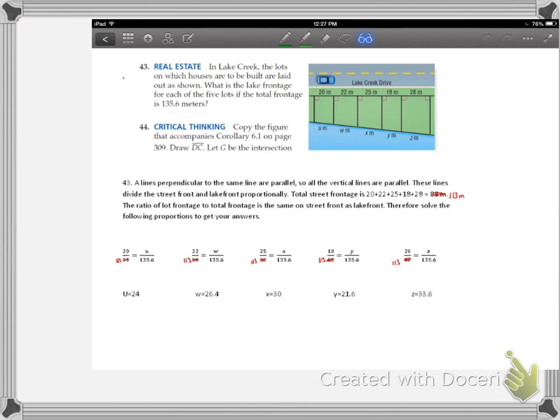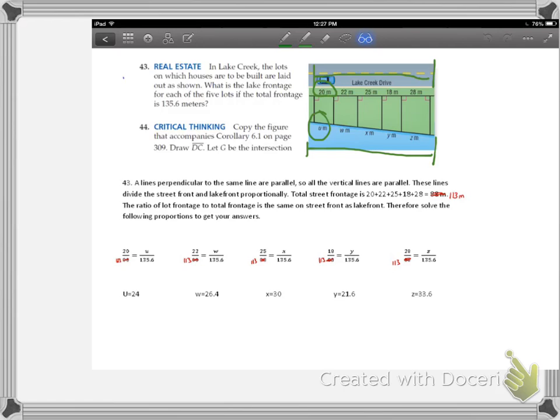On number 43, it's explained pretty well there in print, but the idea here is that because of those parallel lines, they will divide the segments along the road and the segments along the water proportionally. Another way to view this is that each lot to the total length has to be in the same ratio as its corresponding one. For instance, the 20 corresponds with the length marked U. So 20 has the same ratio to the total frontage along the road as U does to the total frontage along the lake.